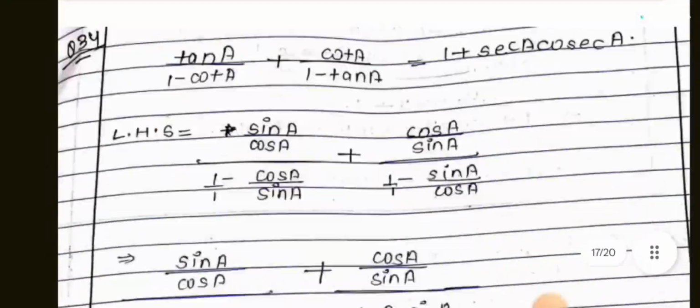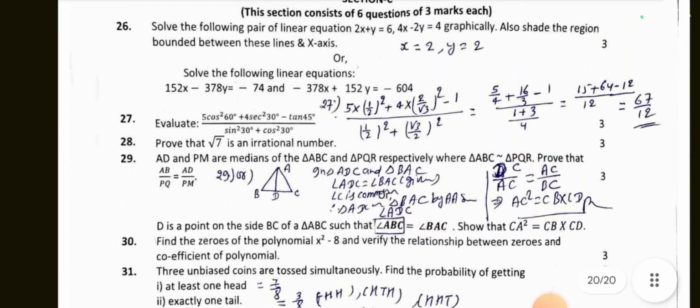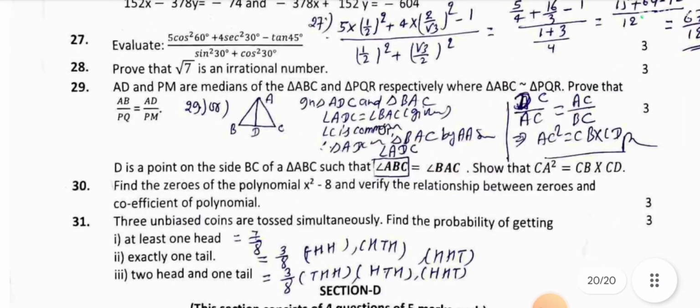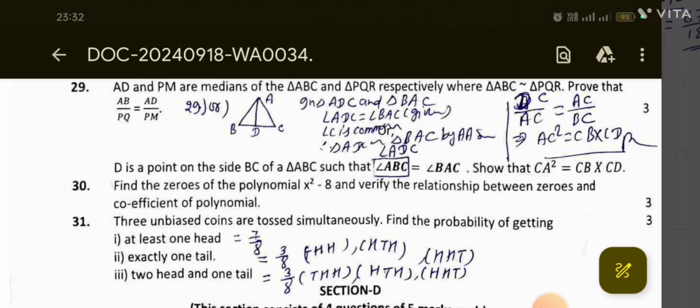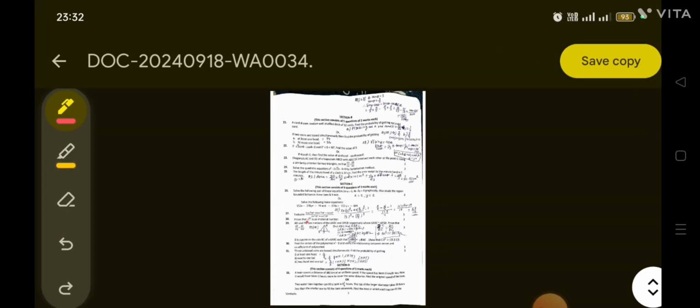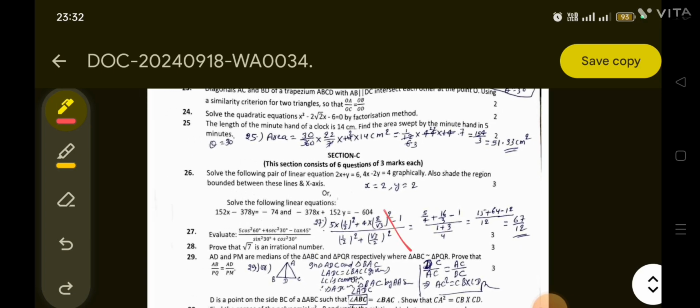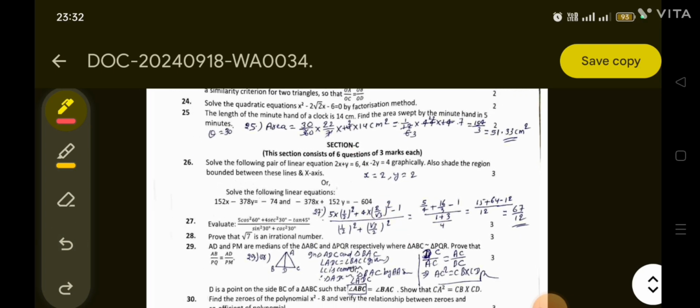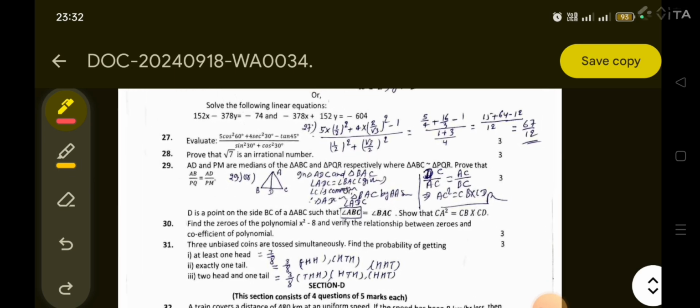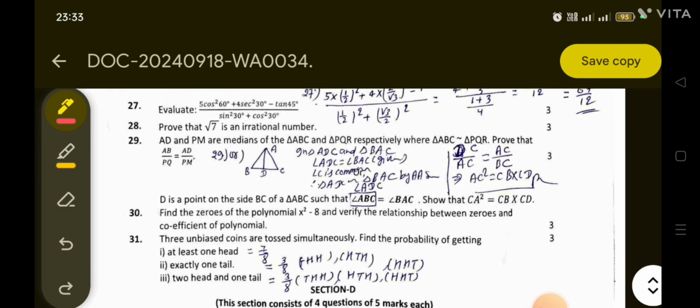D is a point on the side BC of triangle ABC such that angle ADC equals angle BAC. Prove that CA square equals CB times CD. Here one mistake: it should be angle ABC equals angle ADC, but we take angle ADC equal to angle BAC as given.